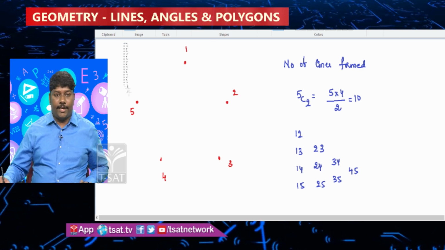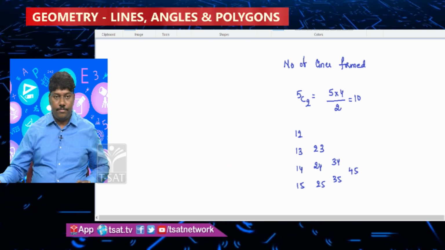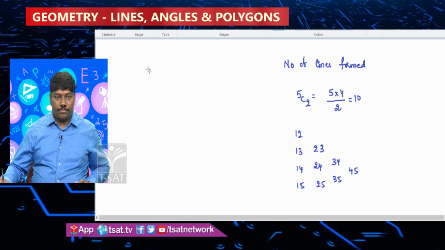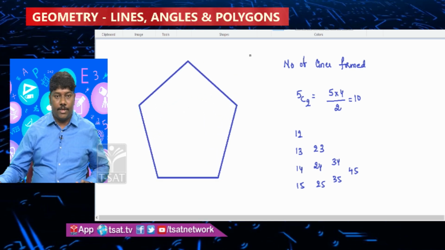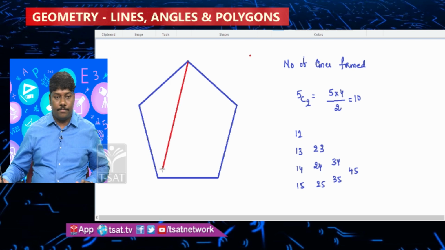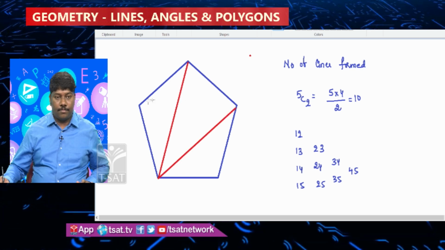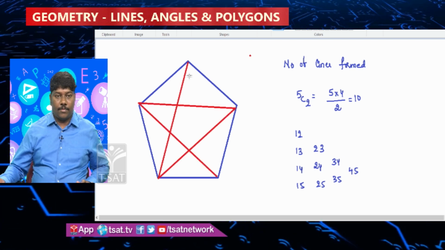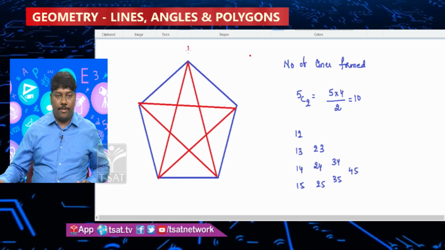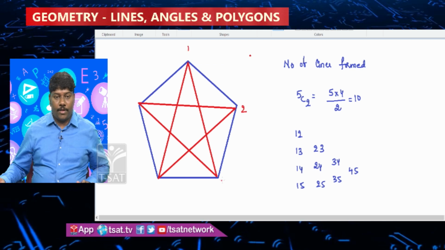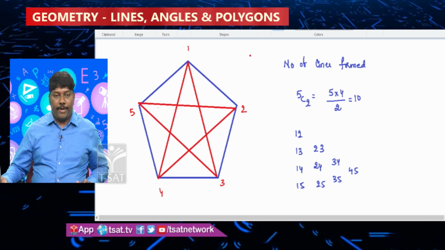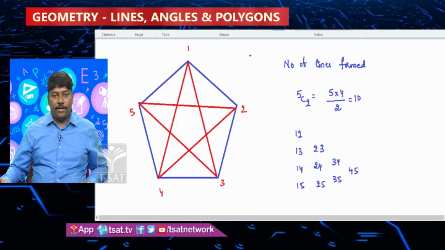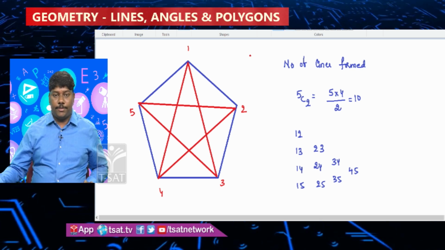We know that there are 10 lines. So what are these 10 lines? See here. The 10 lines formed are named. You see the lines in blue color are actually the sides of a pentagon. The lines in red color are the diagonals.